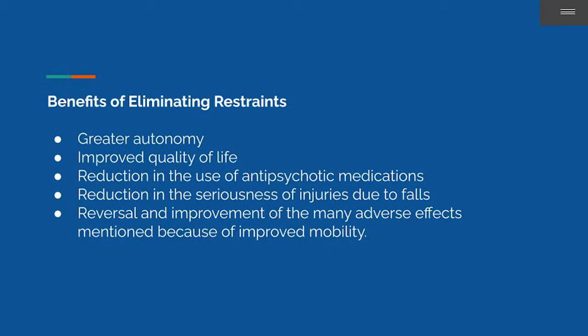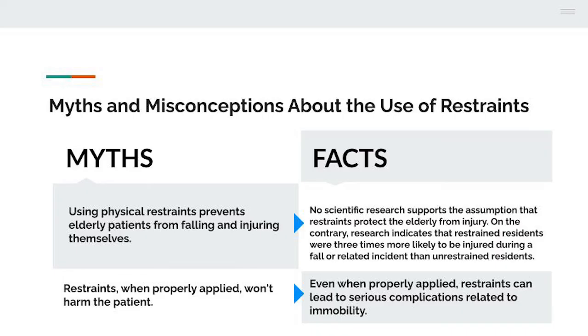So let's look at some of the myths and misconceptions about the use of restraints. It used to be thought that using physical restraints prevents the elderly from falling or injuring themselves. But the truth is, no scientific research supports the assumption that restraints protect the elderly from injury.